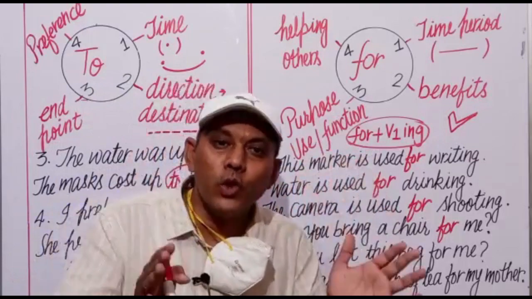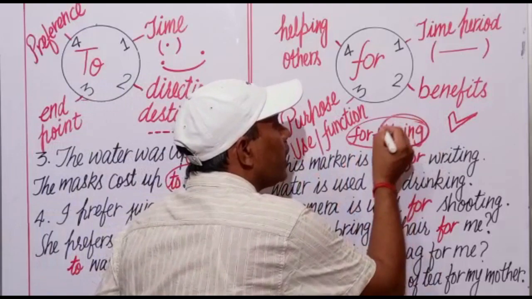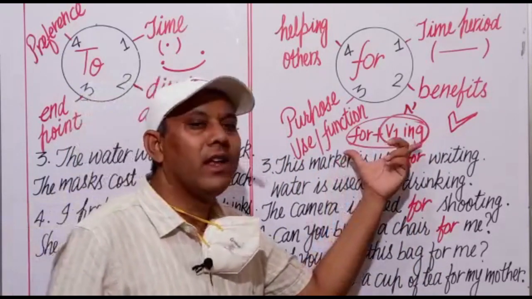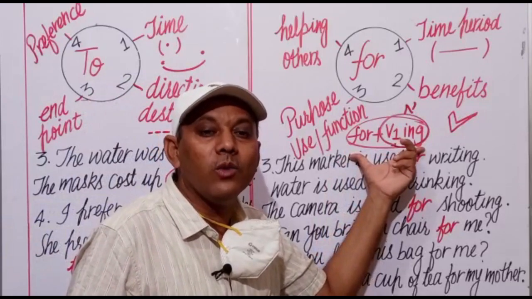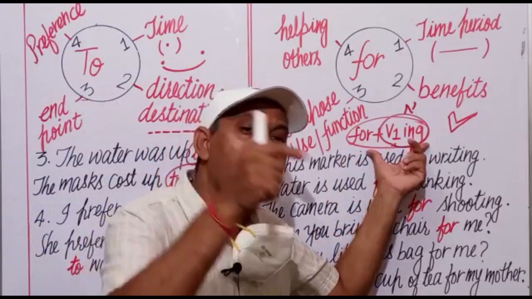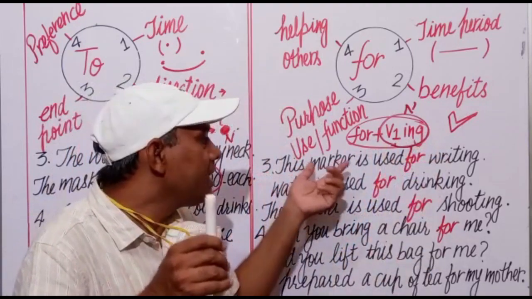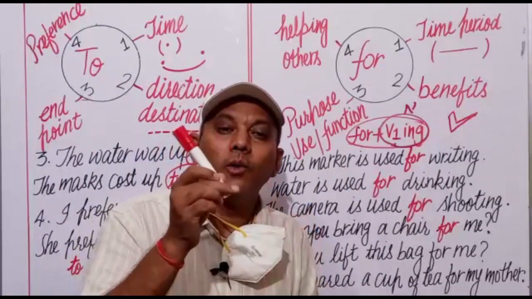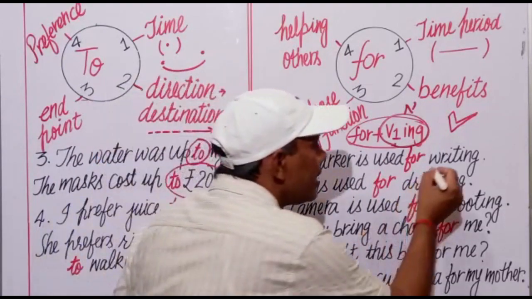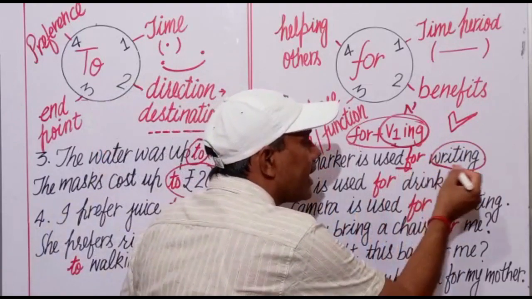In case of use, function or purpose, we use for plus V1 ing, which is used as a noun instead of a direct noun. For example, this marker is used for what? It is used for writing. This is the purpose of this marker, for writing.